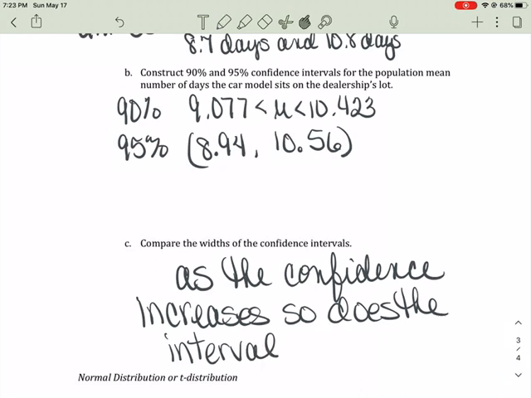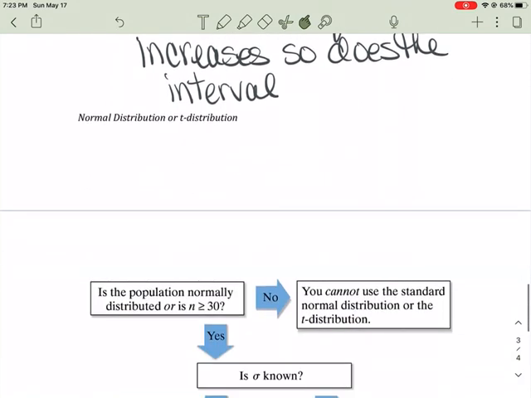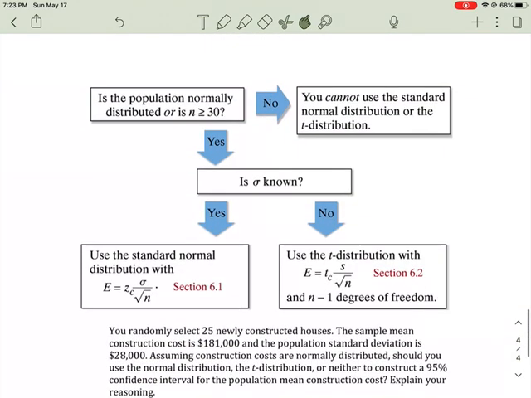Okay, so now that we've talked about both, I think it's important to look at when do we use what. When do you use a T, when do you use a Z? All right, so I have this little chart to hopefully help us out. Is your population normally distributed, or is n greater than 30? If the answer is no, you basically can't do the problem. You say, no solution, can't do, we're done. But if the answer is yes, you're going to be able to do the problem.